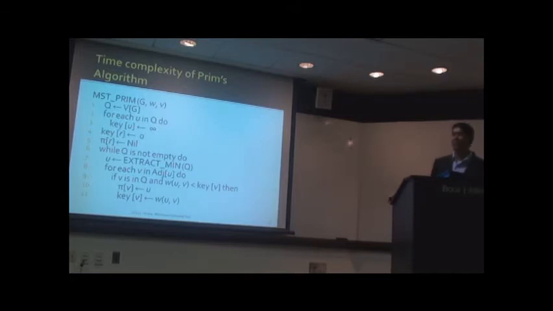Line 6 will run a maximum of n times, or n minus 1 times. And line 8 can run order of n times maximum during each run. But a different way to see this is that the total number of times that this will run is m times. And this observation is the key for us to go any further here.